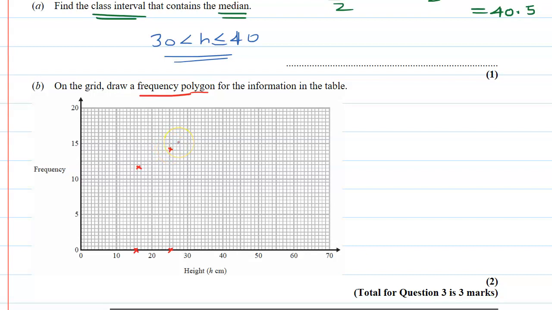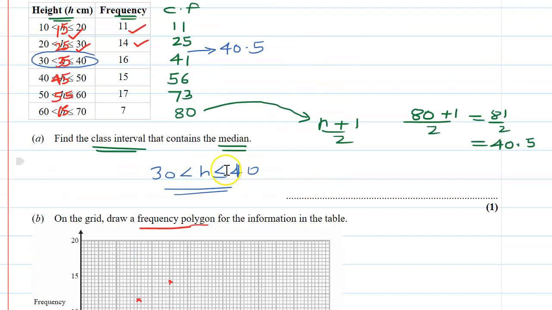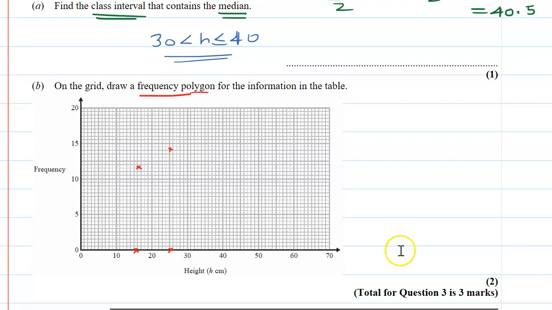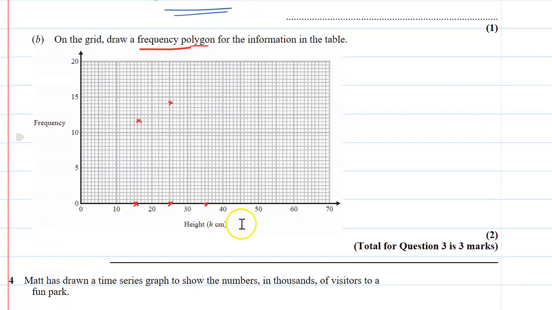Okay, so let me see the next number. The next number is 35 and 16. So this is 30, 35 will be here, and 16. So let's write down 35 and 16. So this is 35, 16 will be here.